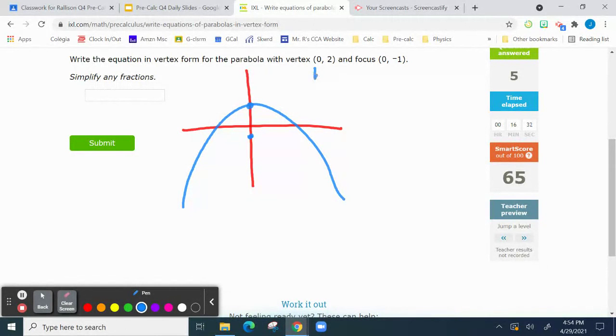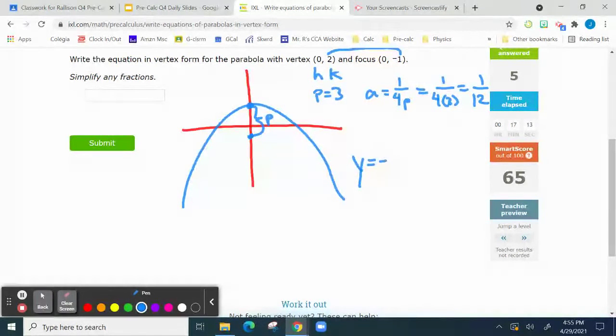So h and k were given, and we have to find a. p is the distance from y equals 2 to y equals -1, which is 3. So p equals 3, and a equals 1 over 4p, which is 1 over 4 times 3, or 1 over 12. Now we know everything. It's downward facing, so our a is going to be negative.